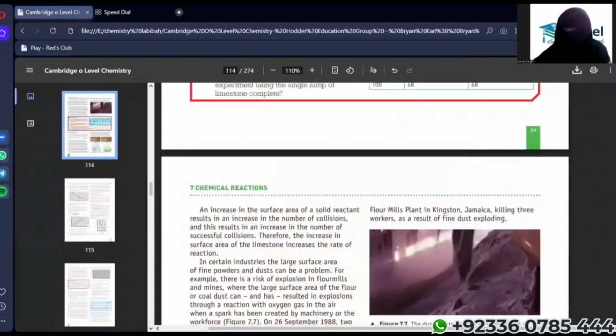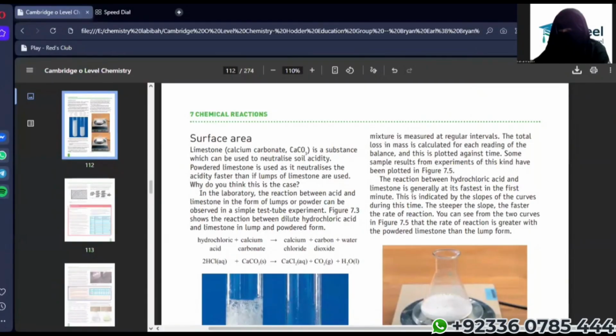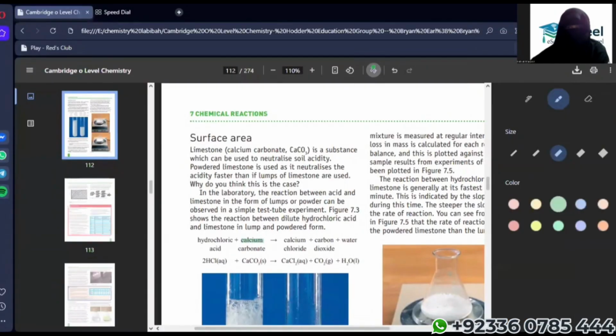One example from your textbook is the reaction between hydrochloric acid and calcium carbonate. This releases calcium chloride, carbon dioxide, and water. We know calcium carbonate is a solid substance.